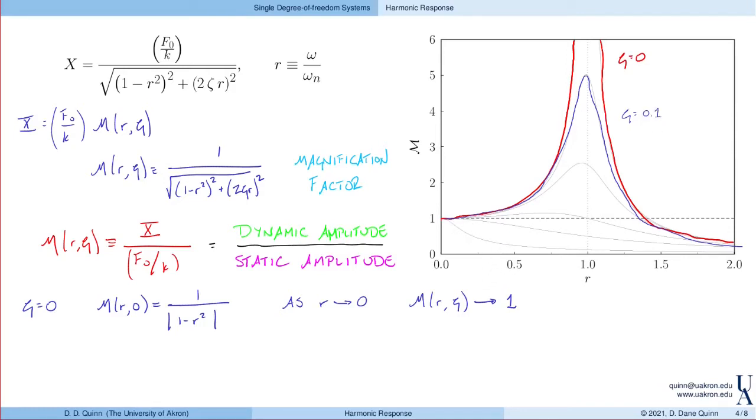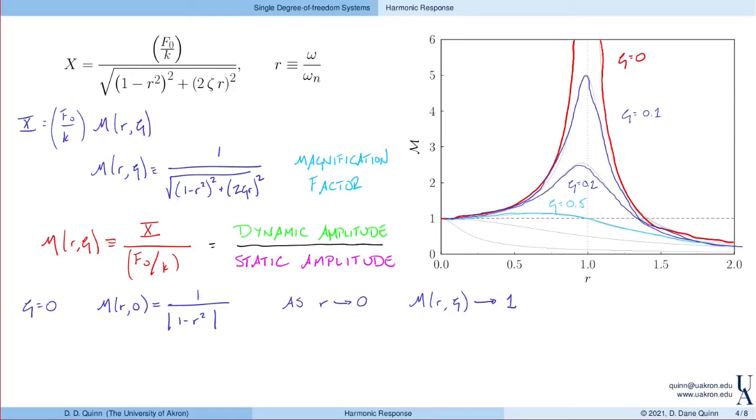Let's make it a little larger. Say zeta equals 0.2. We end up with this curve. Right, so here's zeta is equal to 0.2. What happens if I make it a little larger? Let's do that one in light blue. We end up with a curve like this. This happens to be zeta is equal to 0.5.